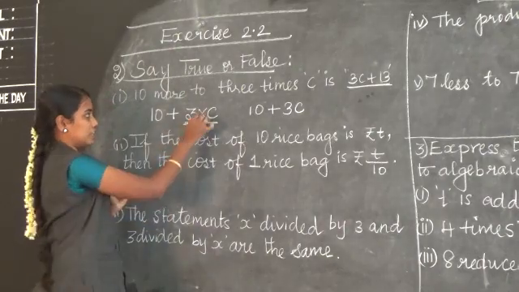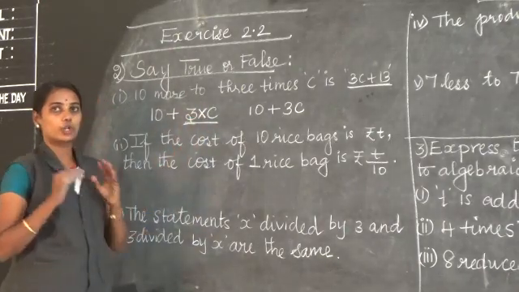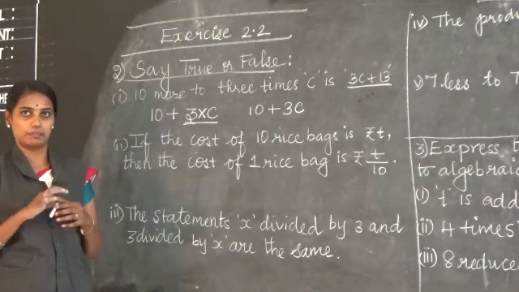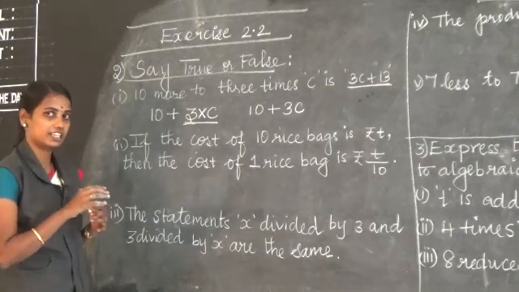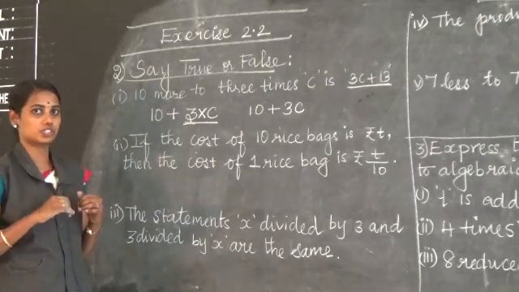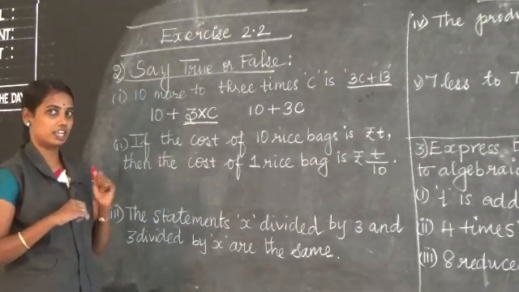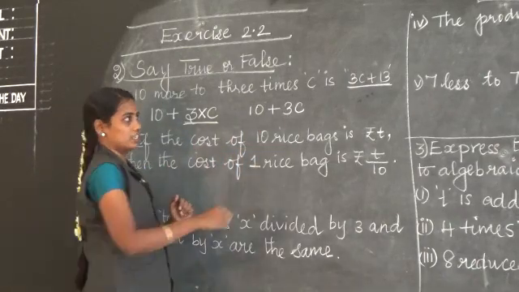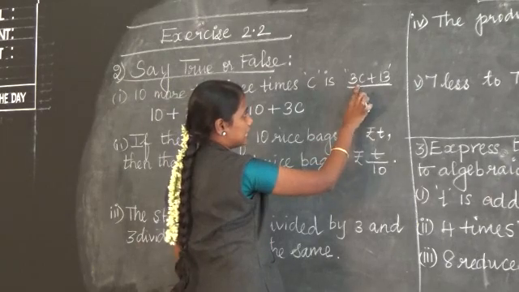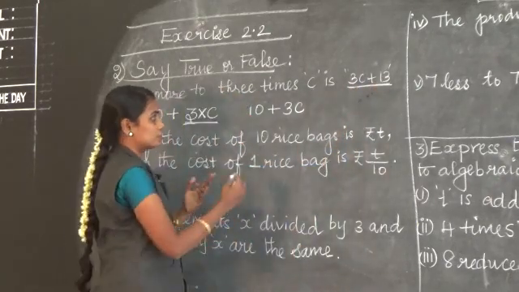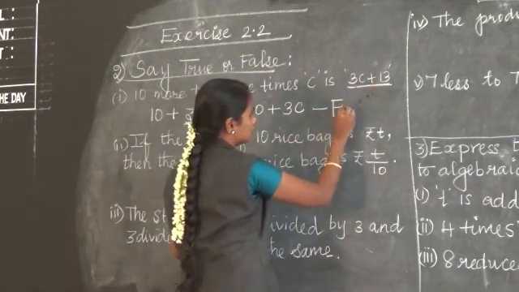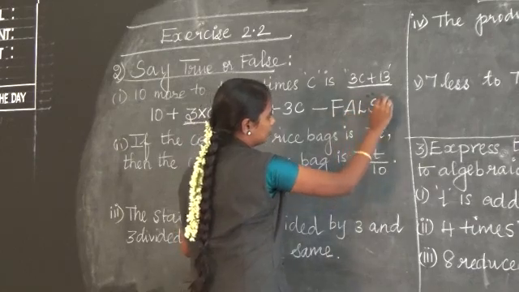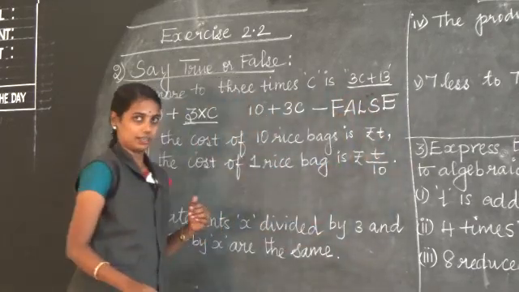Okay, the multiplication sign is not a must in the algebraic statement. Whenever the multiplication sign is there, it's not a must to mention it in an algebraic statement. So it can be written as 10 plus 3C. See your answer, it's given as 3 plus 13. So the given is a false statement.